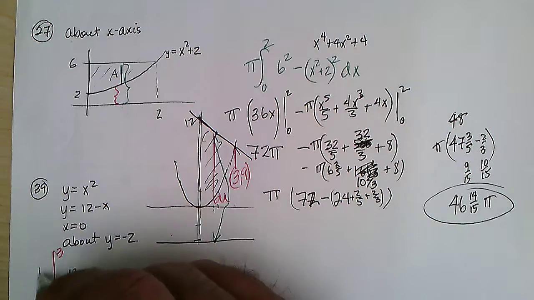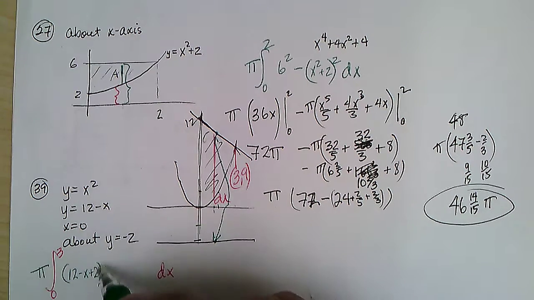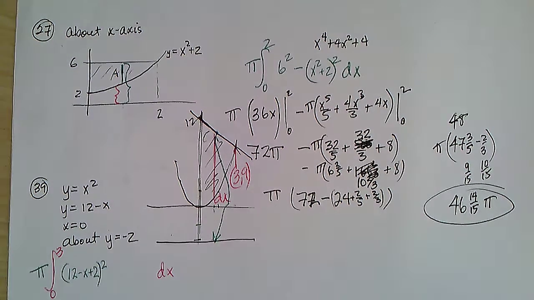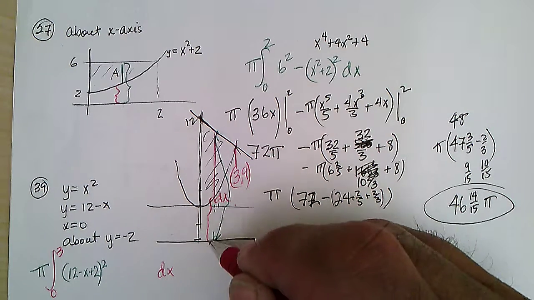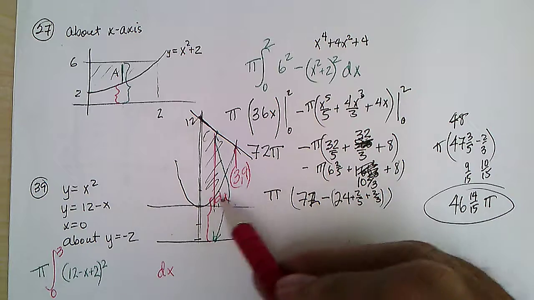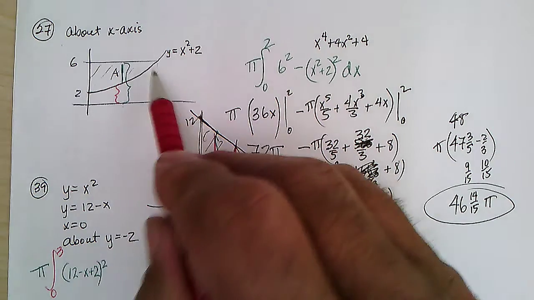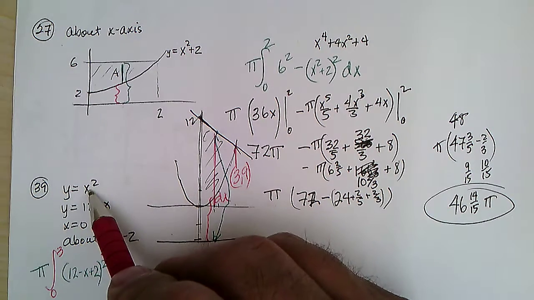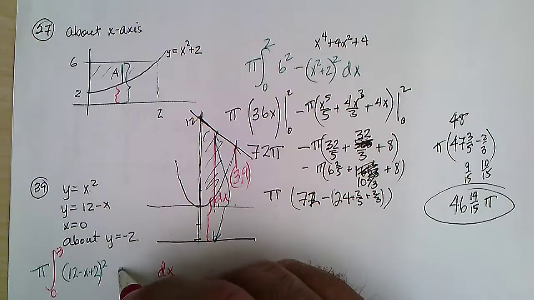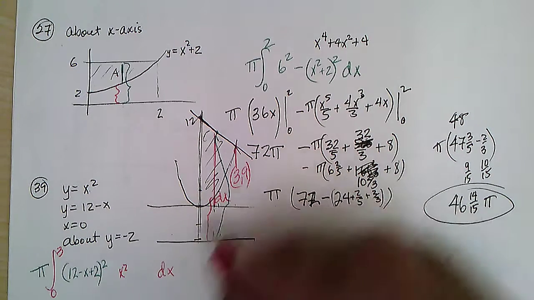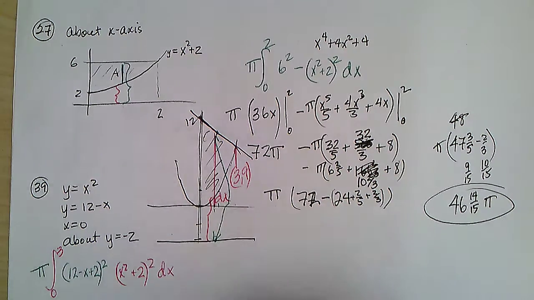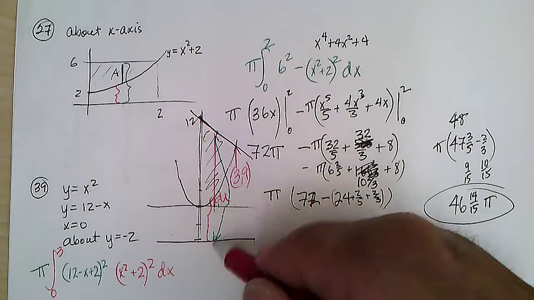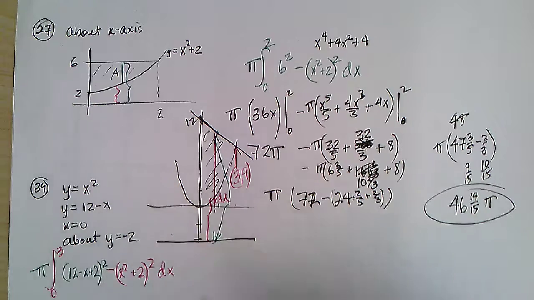And we got to do pi times the radius squared minus the smaller radius, which is from there to there. This part right there is the x squared, so it's x squared plus 2, squared. And we got to take the large radius minus the small radius.